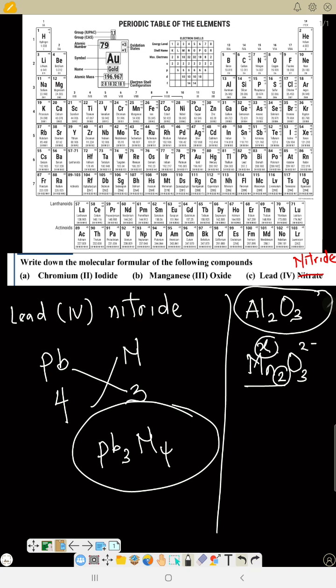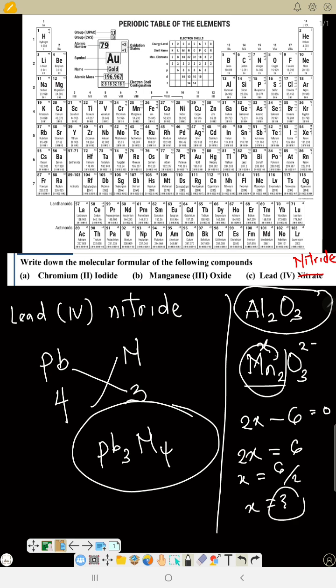So now 2 times X, that will be 2X minus 6 equals 0, 3 times minus 2. So 2X is equal to 6. X is equal to 6 over 2. X is equal to 3. So the valency of manganese here is 3. So that means this is manganese 3 oxide. So I use Roman numeral because it is transition metal and non-metal.